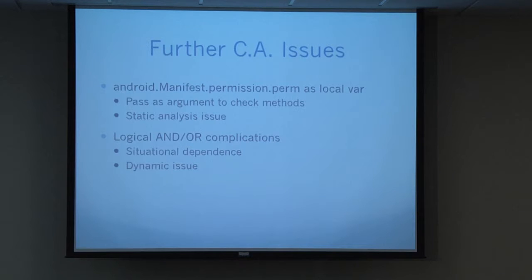Another real big concern with these check issues is the fact that some API methods logically have multiple permissions that can be associated with them. And they'll be associated in and/or ways. Meaning, if you have the bind wallpaper or the read context permission, you can do something. Or you might need both.